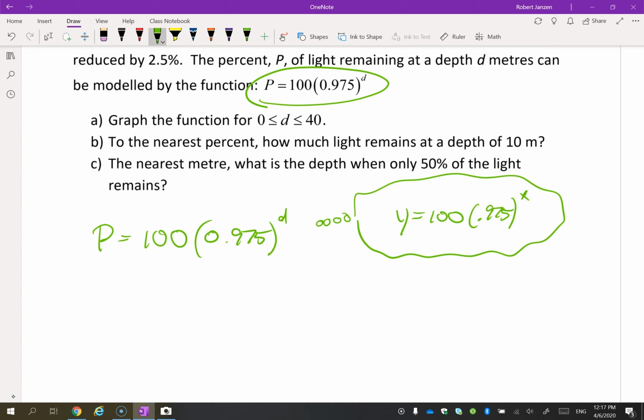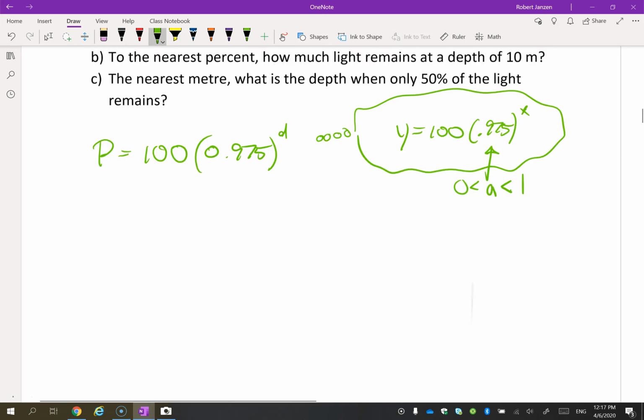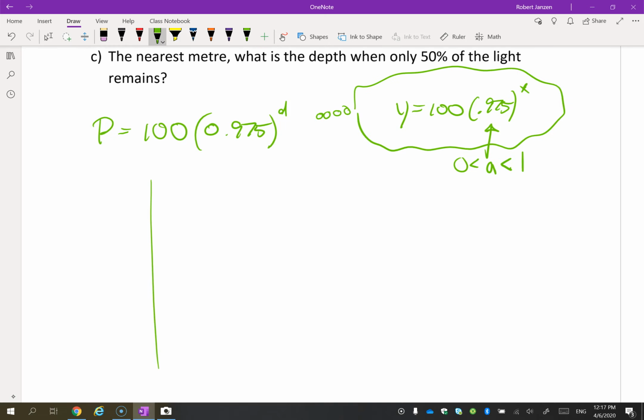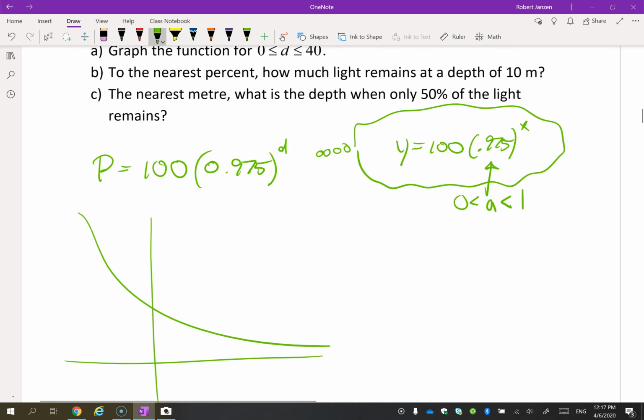This is an exponential function. And if you notice, a is less than 1, so this is a decreasing exponential function. Without even doing much thinking, I know this graph is going to be like this. Now there's a couple things you should know here. D is the depth.